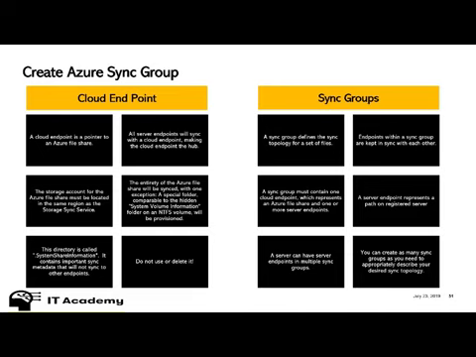When we're configuring an Azure file share to synchronize, there are two components we need to be concerned with. The first is the cloud endpoint. A cloud endpoint is essentially a pointer to where the Azure file service is in Azure. It's a URL, if you like. All server endpoints will synchronize with a cloud endpoint, making the cloud endpoint the hub of the solution.